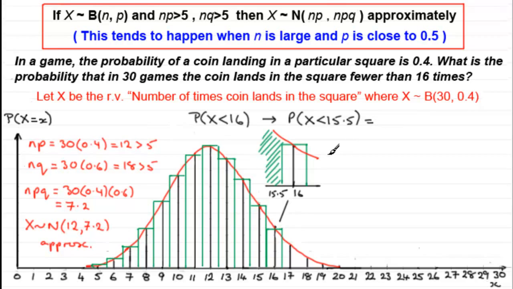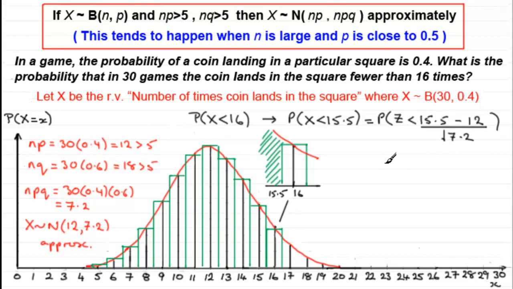We need to get our standardized z value when we have an observed value of 15.5. So this is the same as the probability then that z is less than the observed value, 15.5, minus the mean, 12, all divided by the standard deviation, which is the square root of 7.2, the variance there.